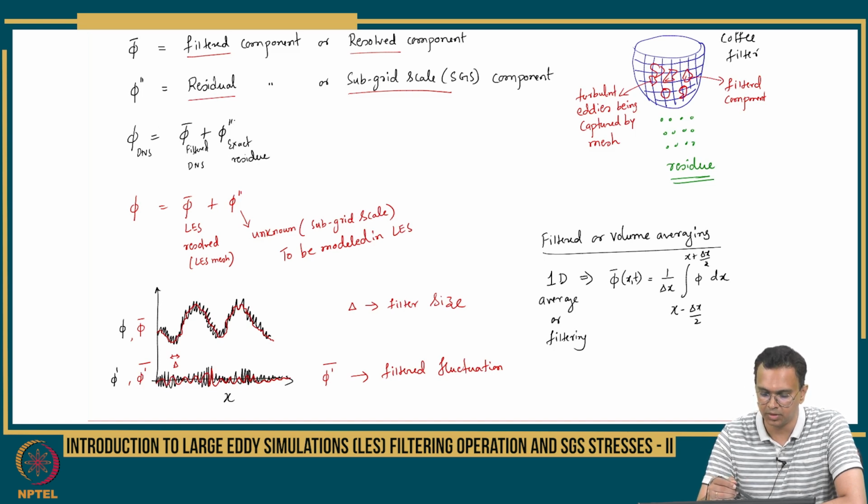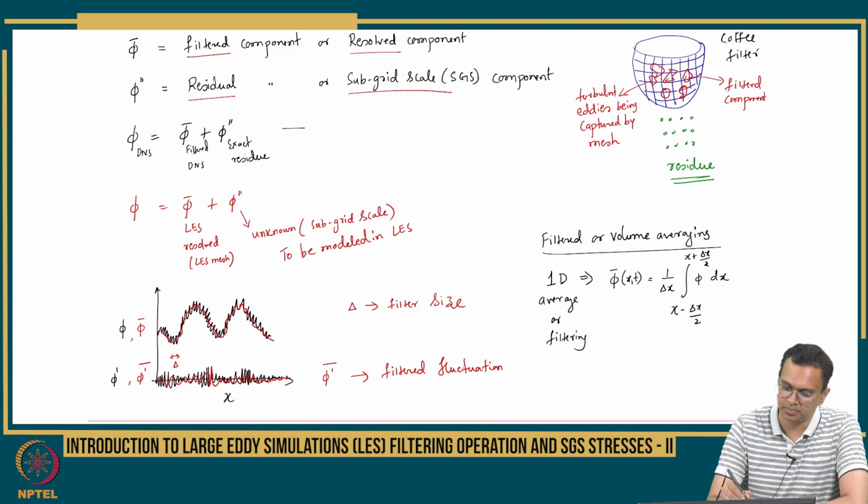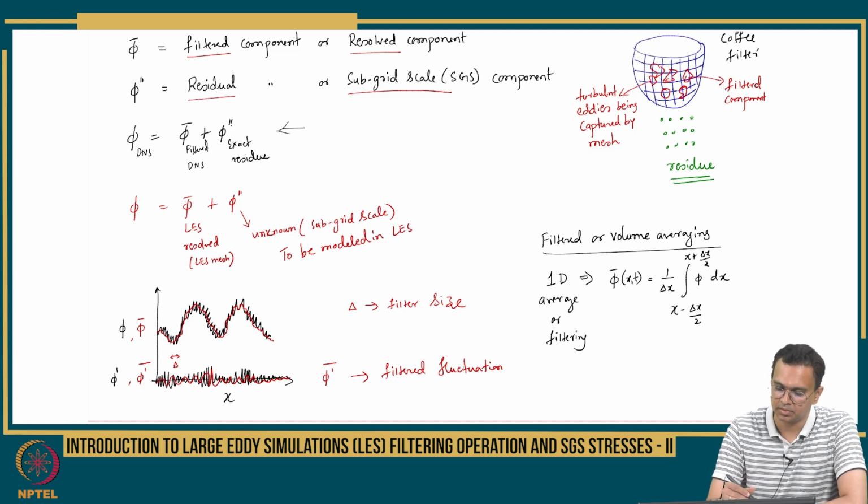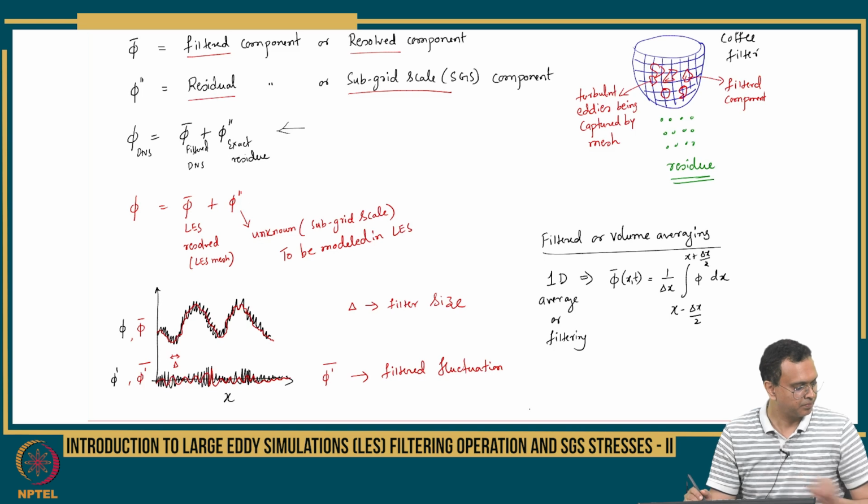If I'm looking into the black symbol here, phi DNS is equal to this part. So if phi double prime exact residue has to be equal to phi double prime in the LES, that means your LES model is so good that it is able to capture it, and usually it will not be like that, and therefore these two are not the same, just a note.